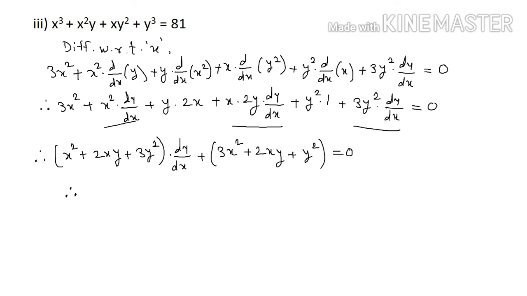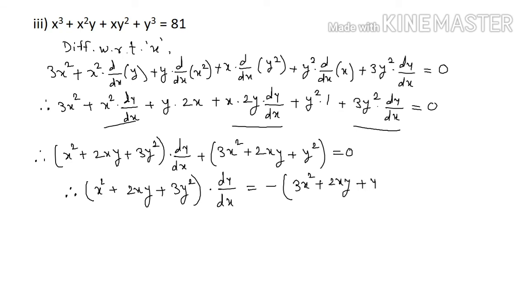So again now this we have to find dy/dx. So first we'll take 3x² + 2xy + y² on RHS. So you get (x² + 2xy + 3y²) into dy/dx is equal to minus of (3x² + 2xy + y²), and therefore dy/dx is equal to minus of (3x² + 2xy + y²) upon, correct?